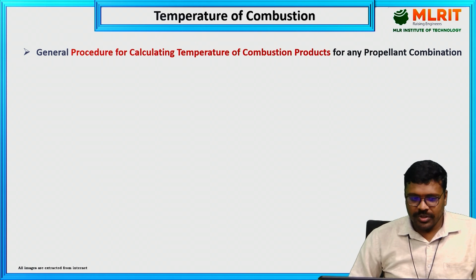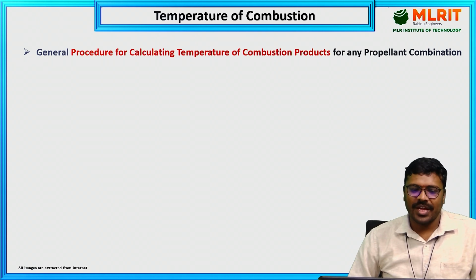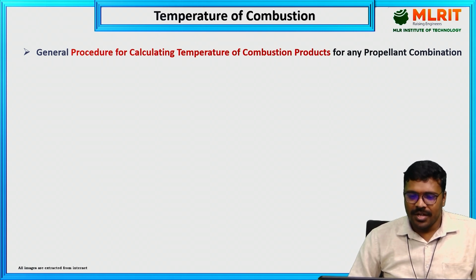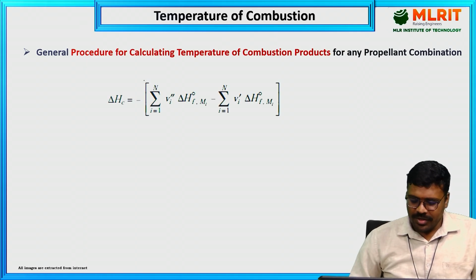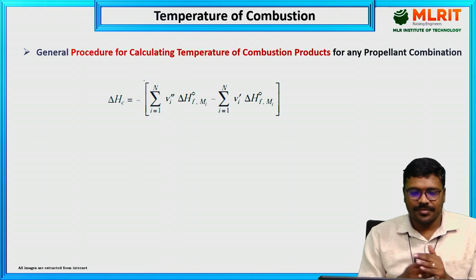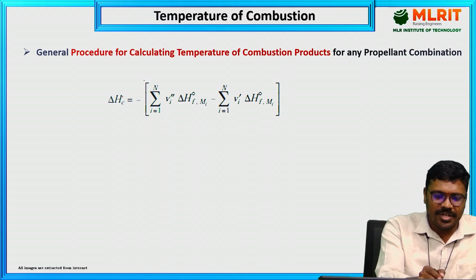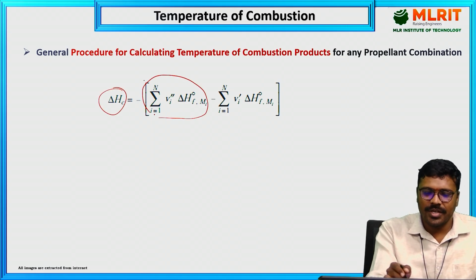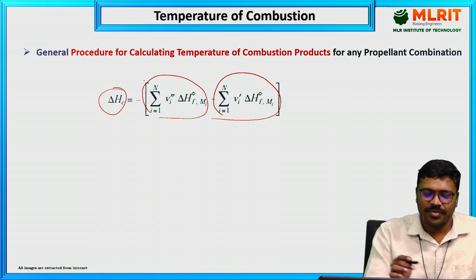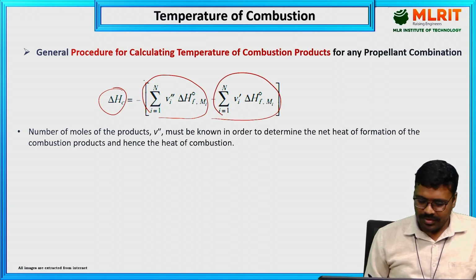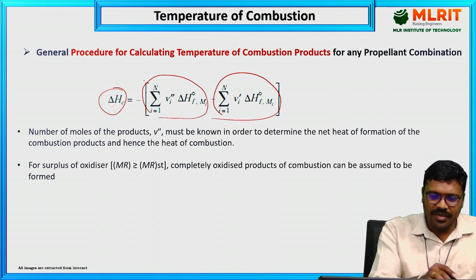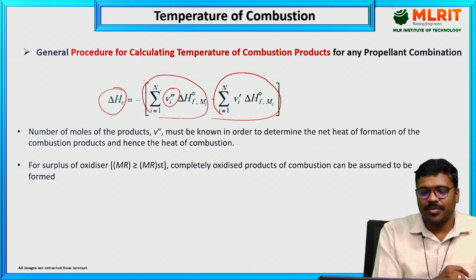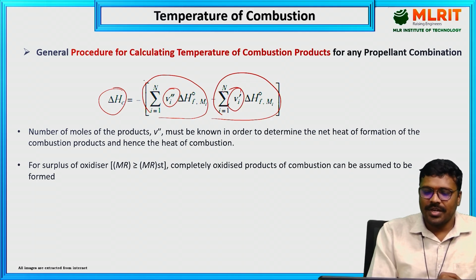Next, there is a general procedure for calculating the temperature of combustion products for any propellant combination. So this is a basic formula: heat of combustion, delta Hc, is equal to the sum of heat of formation of the products minus the sum of heat of formation of the reactants. So this is the number of moles of products and this is the number of moles of reactants.